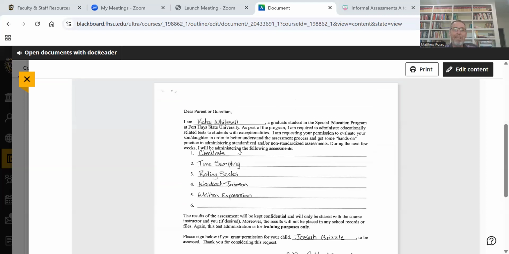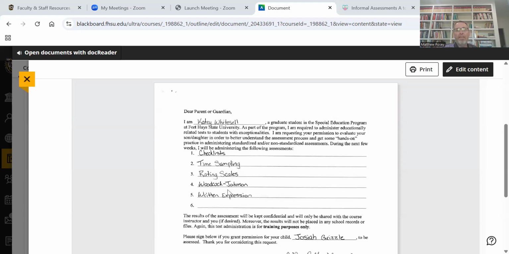If you're using the same case study student, you simply will just add in the test as we move along in the course. You can see here, this particular graduate student used the same case study student. So they had checklist, time sampling, and rating scales for informal. Then they came back, used the same case study student for the norm reference, and then they added the Woodcock Johnson.